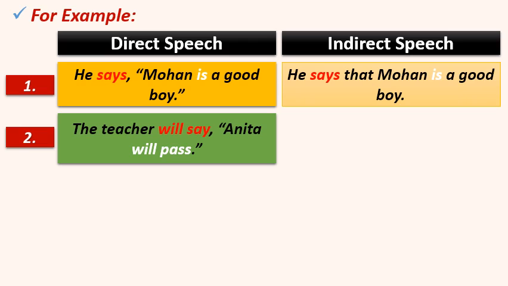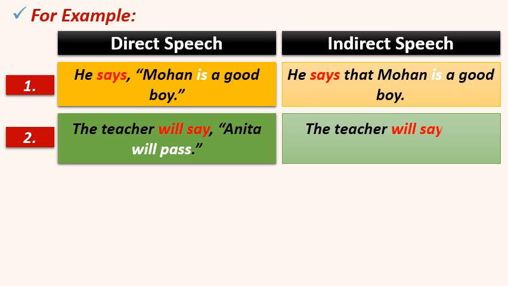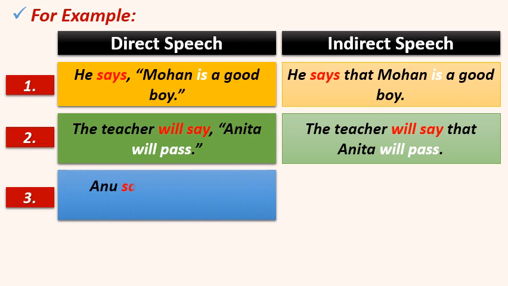Only what you have to do when you will convert direct into indirect speech, you have to remove inverted commas, and instead of that, just before reported speech, you have to write down the conjunction that. So the sentence will be, the teacher will say that Anita will pass.